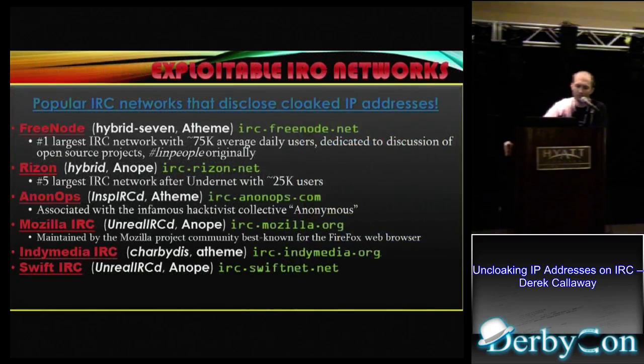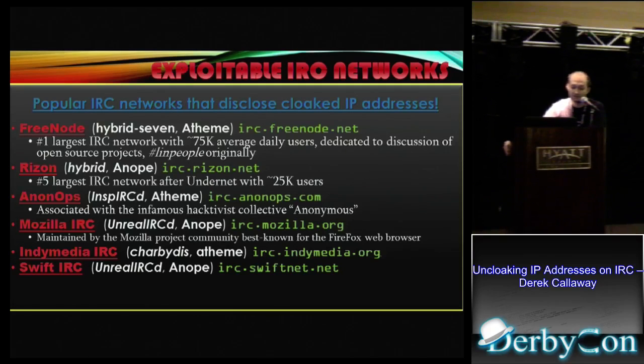So these are a couple of the exploitable IRC networks. We already mentioned Freenode. It's got about 75,000 users daily. Ryzen's another one. It's the number 5 largest IRC network. AnonOps, that's what the anonymous hacking group uses.